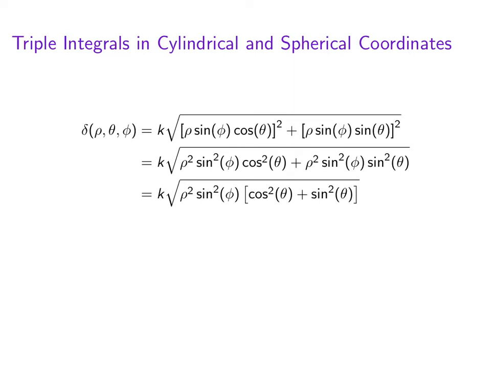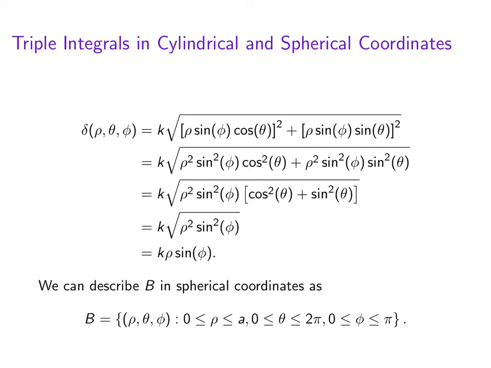And when we do that, we get a very nice expression, cosine squared theta plus sine squared theta, which can be turned into 1, which makes the whole expression much simpler. We end up with k times rho squared sine squared phi, and we can square root these things now because both rho and sine phi are positive. So we actually end up with a very nice expression for our mass density function. It's going to be k rho sine phi.